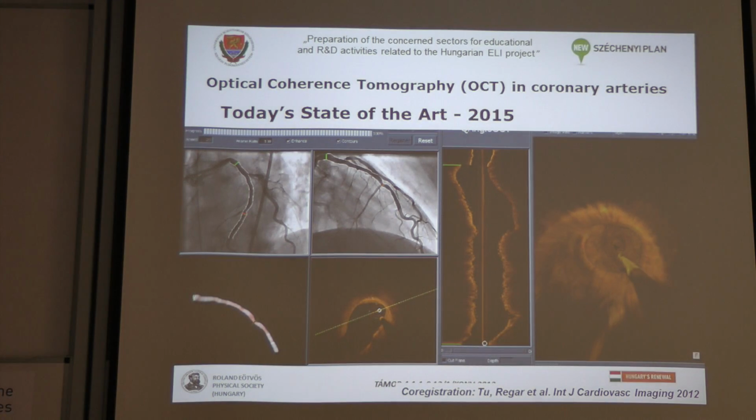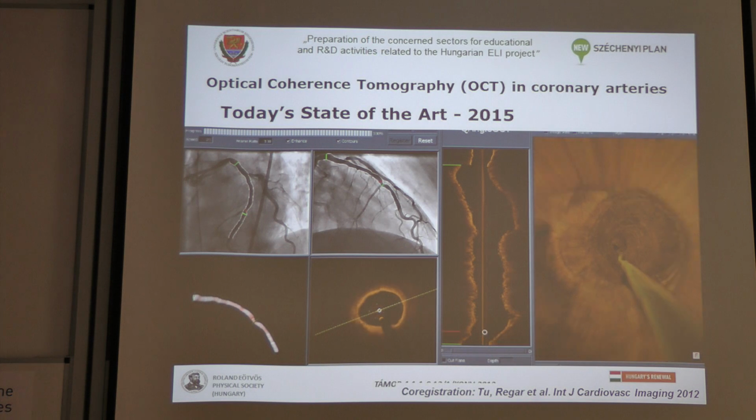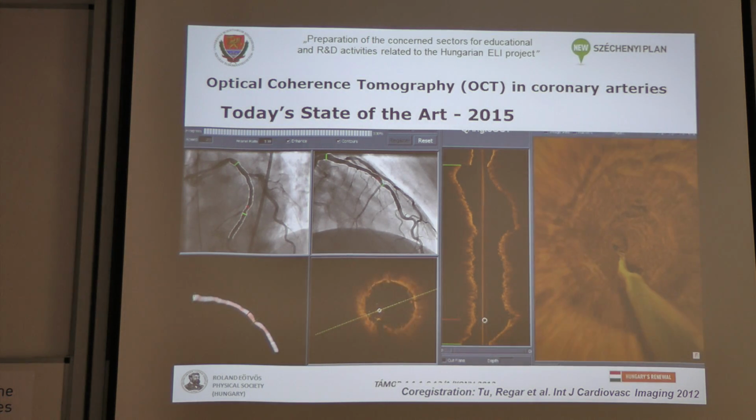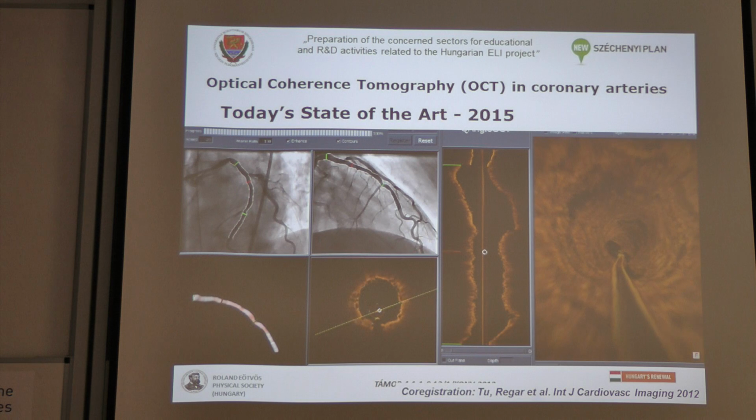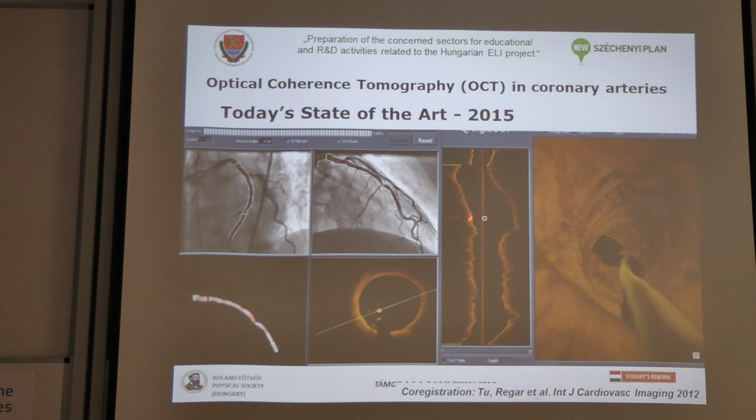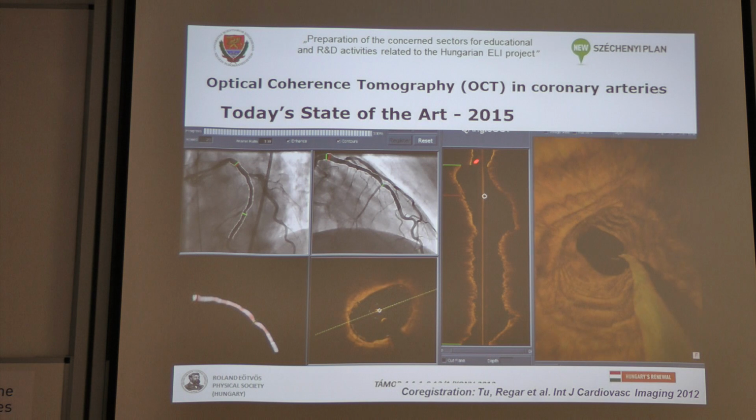So OCT, this is where we stand now. You can see that of course it's not a real 3D image, what the OCT provides with its lens pulled back from the distal to the proximal part of the coronary artery, and this is the guiding catheter already.